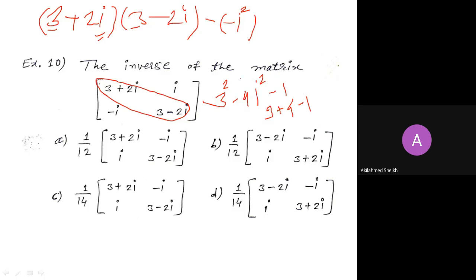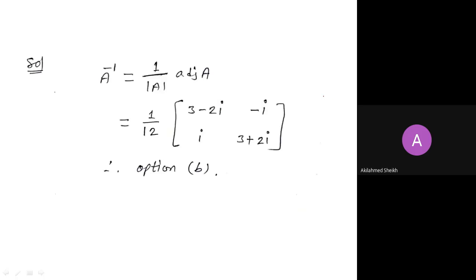So this equals 12. 9 plus 4 is 13, minus 1 is 12. So A inverse equals 1 upon determinant of A into adjoint of A, and we found the determinant of A is 12.